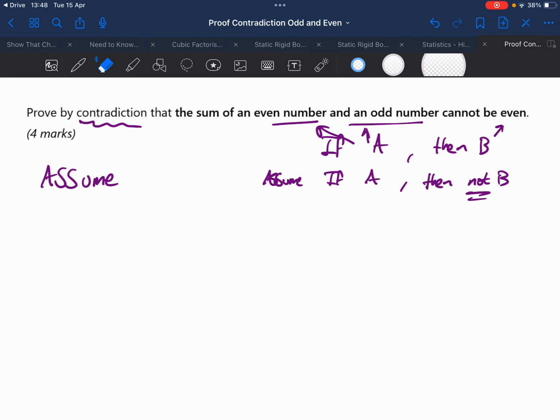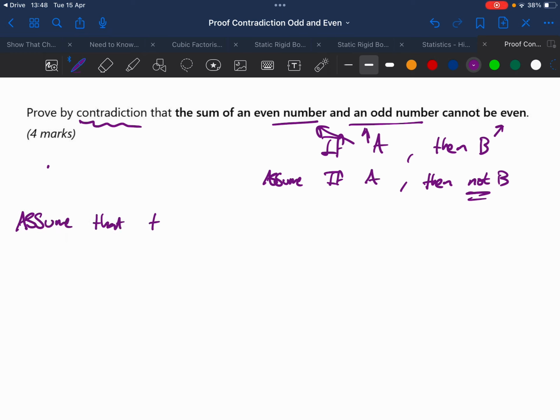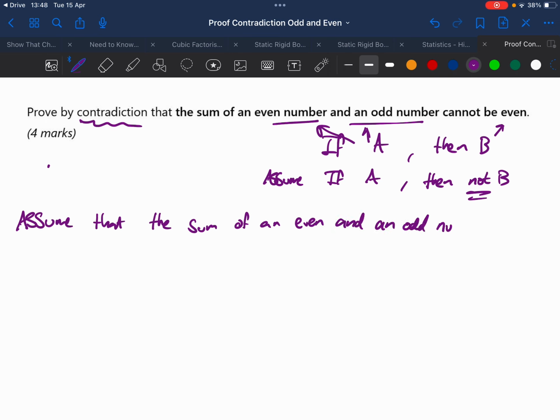So I'm going to say assume that, copying the language here, the sum of an even and an odd number is even.